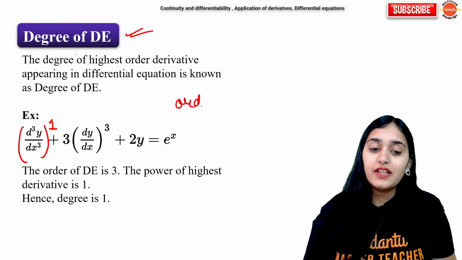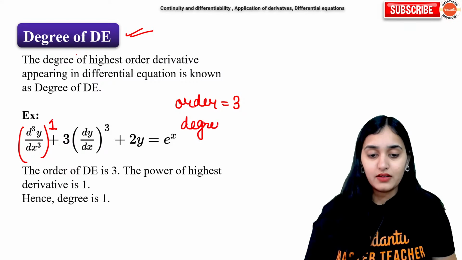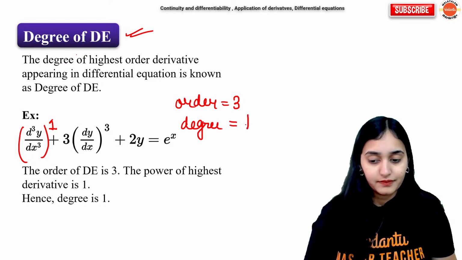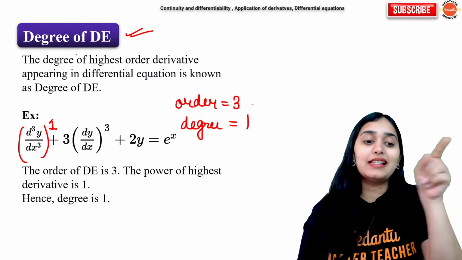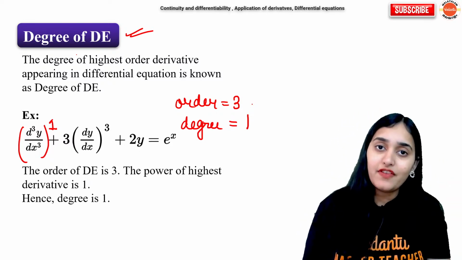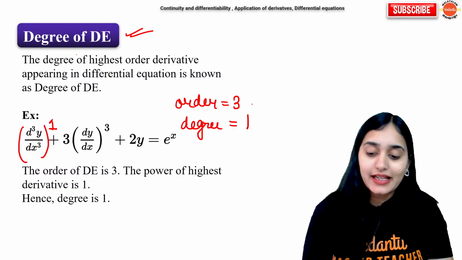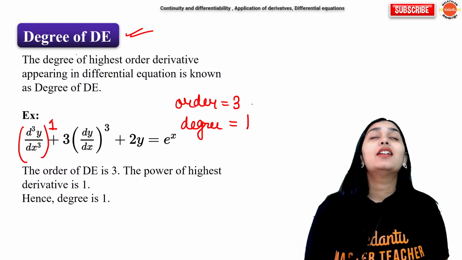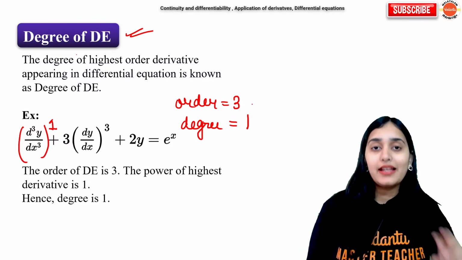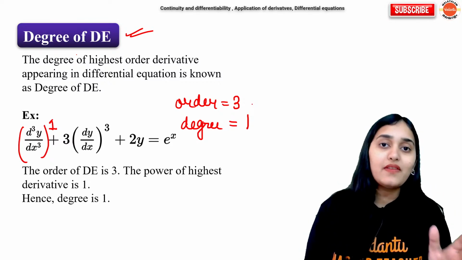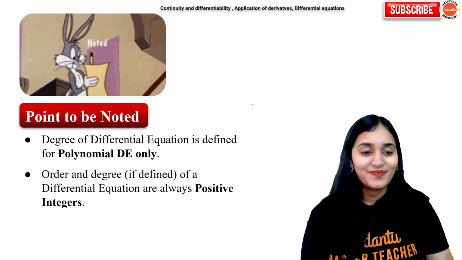So the order of this differential equation is 3. The degree of this differential equation is 1. Is it clear? Order is 3, degree is 1. So do you understand the difference between order and degree? Because in the question paper, they have asked about order and degree in the PYQs, the previous year question papers.